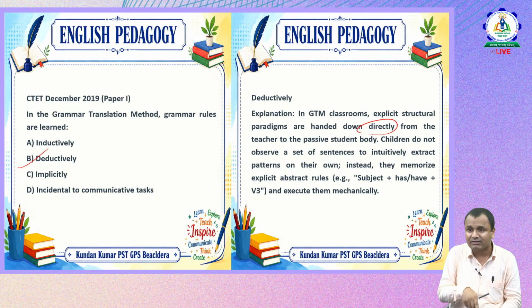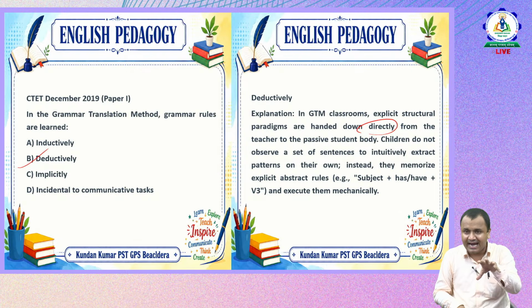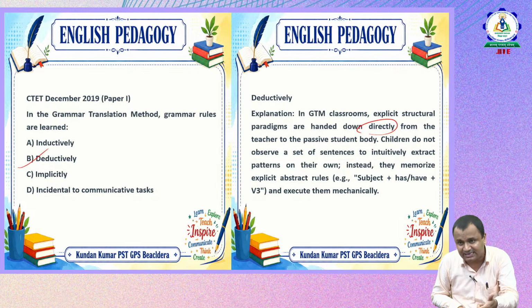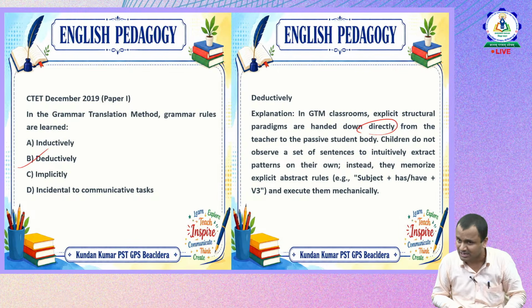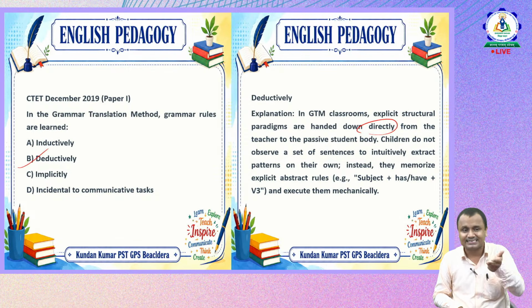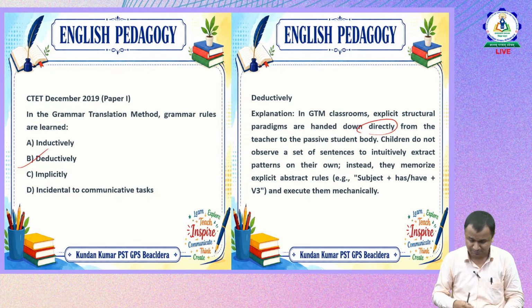Whereas in inductive, we provide a pattern of sentences, ask the student to identify the pattern, find out the rule, and then write the rule in a contextualized way. That is inductive. It is exactly opposite of deductive. We focus on the deductive way while teaching through the grammar translation method, where the rule is subject plus a verb, V3, like that.